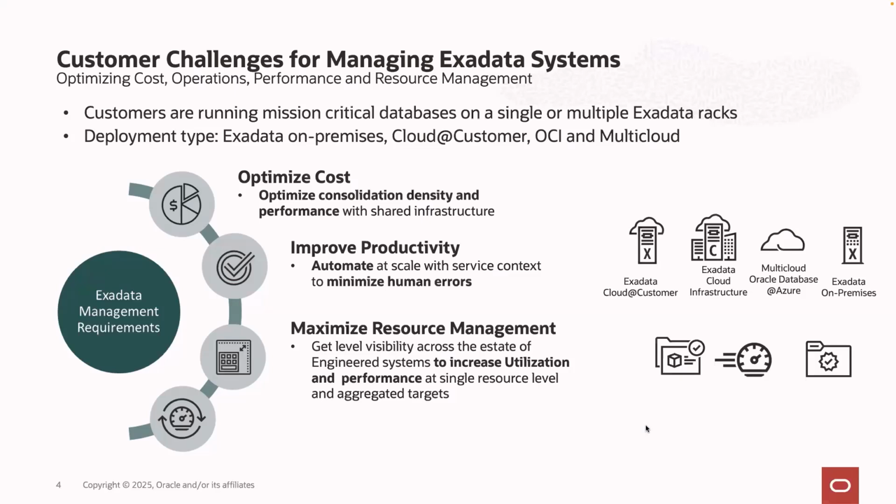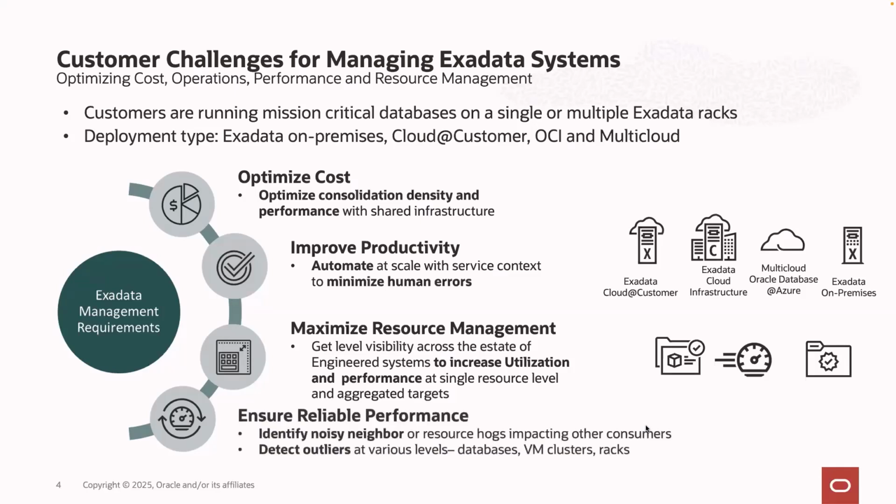It's an aggregated situation where, for example, if you have several VM clusters, you have storage that is shared among all the clusters, and CPUs are shared among the databases in one VM cluster. So it is important to ensure reliable performance for your databases.